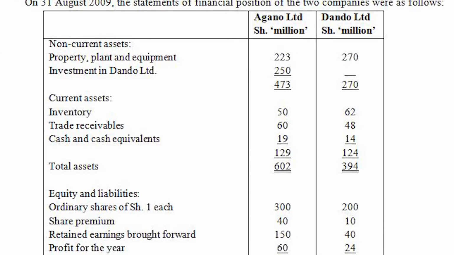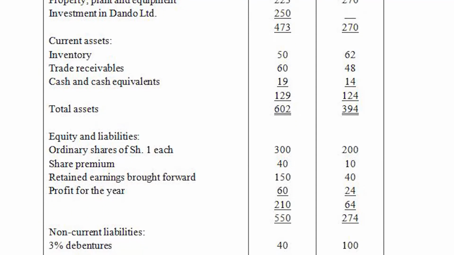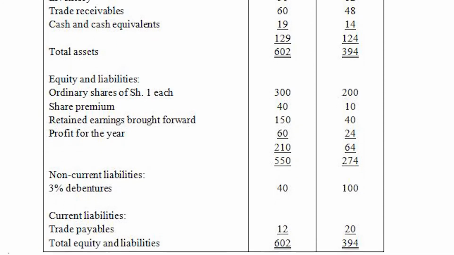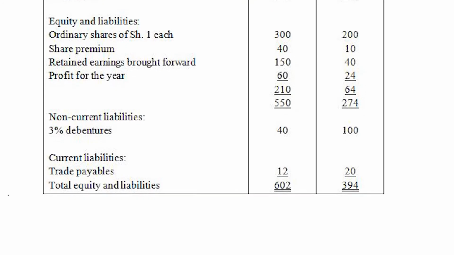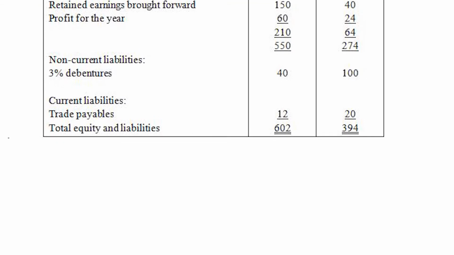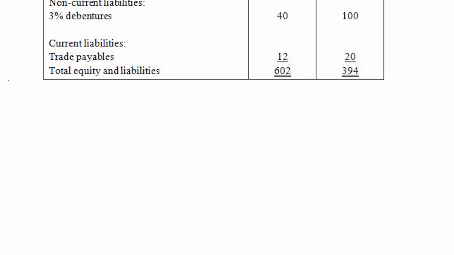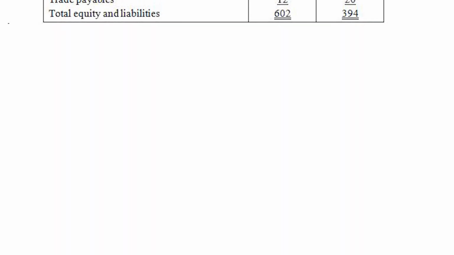We have Agano and Dando Limited, with property, plant and equipment, investment in Dando, current assets, inventory, trade receivables, cash and cash equivalents, ordinary share capital, share premium, retained earnings brought forward, and profit for the year. We have non-current liabilities, 3% debenture, current liabilities, trade payables, and total equity and liabilities.